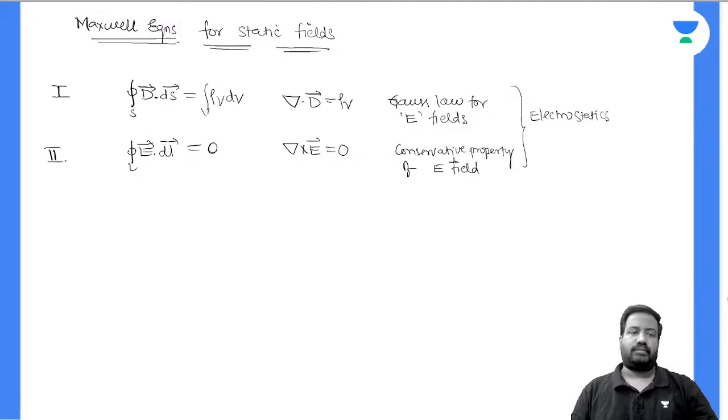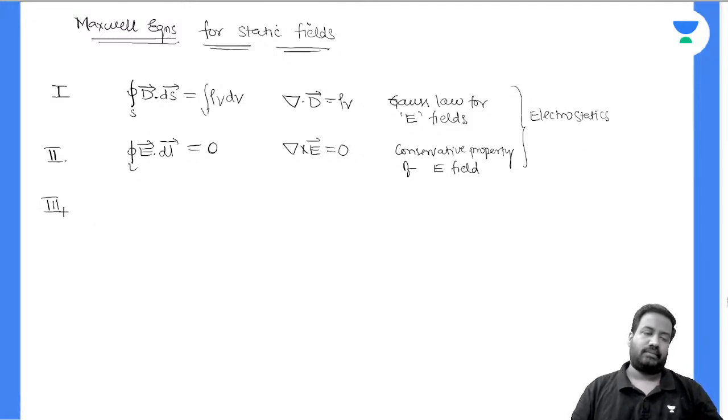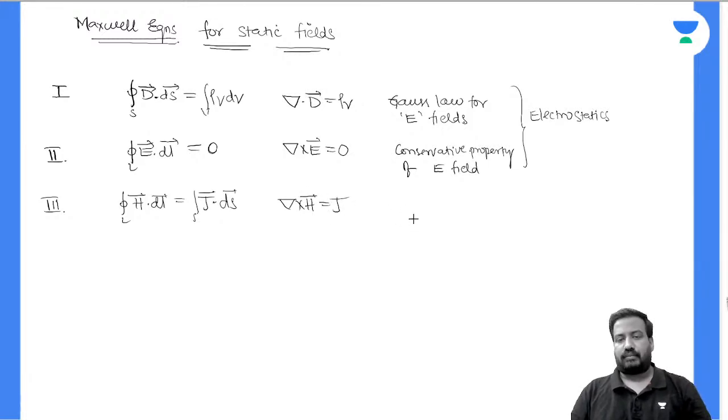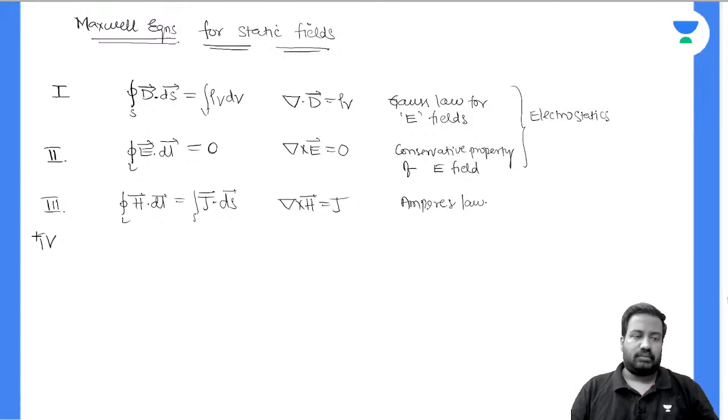Third equation: closed loop integral of H dot dl is equal to surface integral of J dot dS, which simplifies to del cross H is equal to J. So Ampere's Law. Fourth equation: closed surface integral of B dot dS is equal to 0.